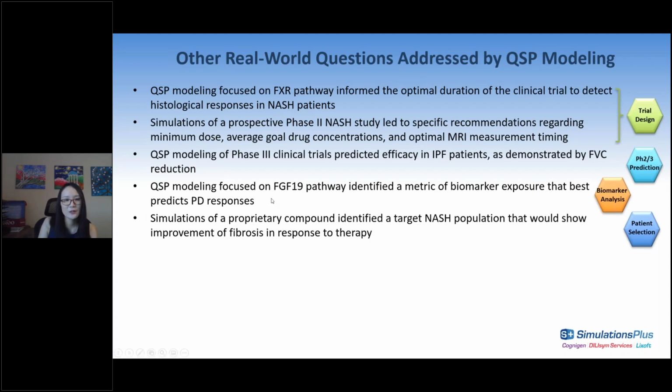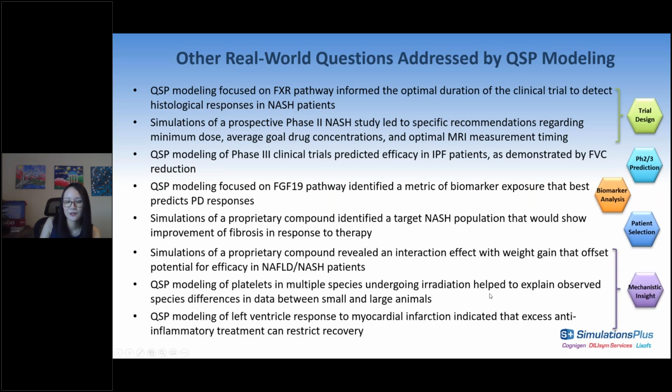And in another project, we used simulated outcomes to run biomarker analysis to identify a metric of biomarker exposure that best predicts PD responses, which really helped with the design of clinical trials and endpoints. And here's a DILIsym project where the QSP modeling was used to identify the target NASH population that would show improvement of fibrosis in response to a specific therapy.